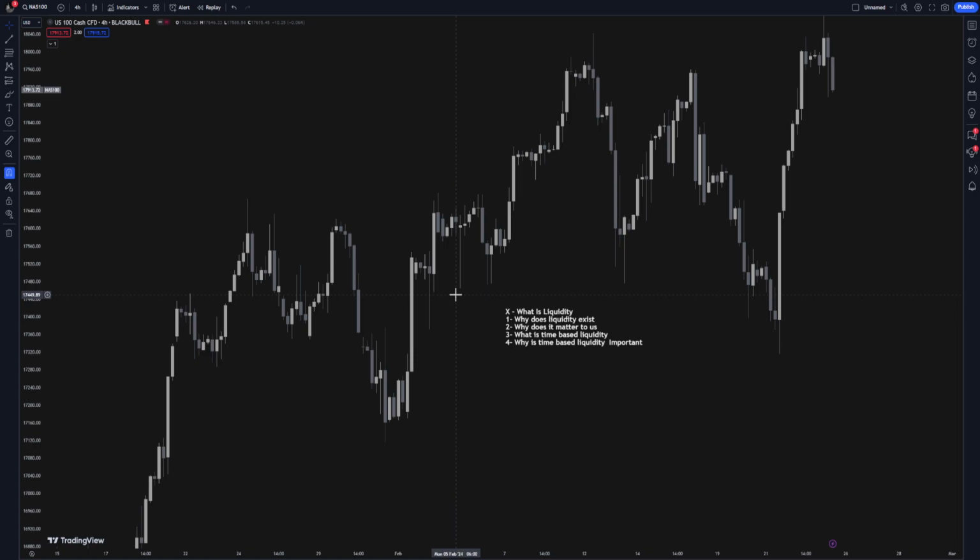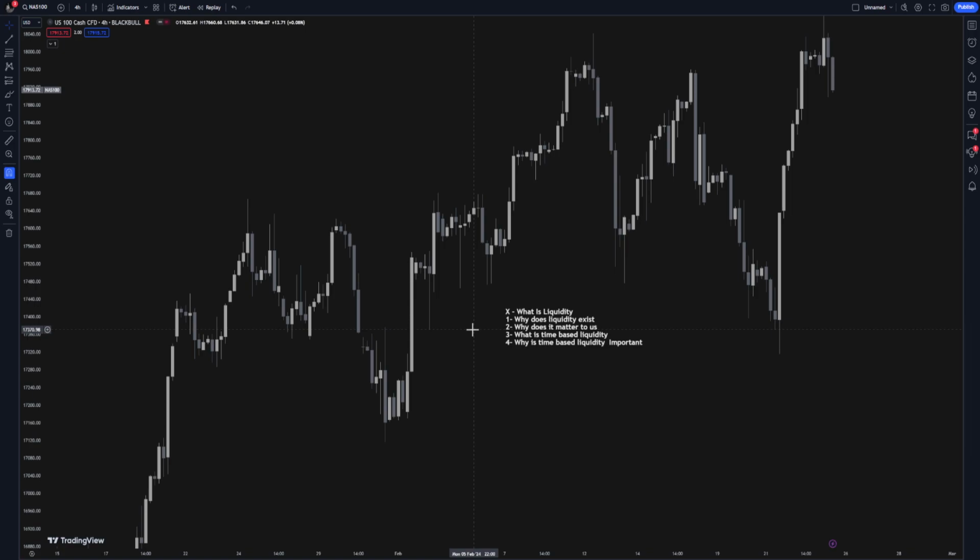I'm going to start here with what does it matter to us. We went through the first two topics. The next topic will be, why does liquidity matter to us? Because we want to be trading against liquidity and we don't want to get stopped out.